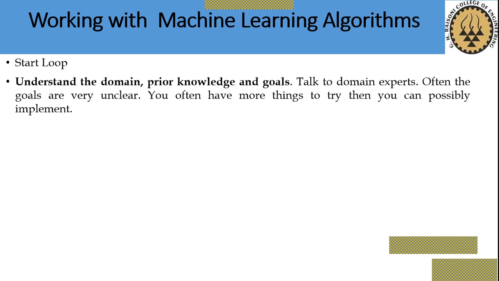Let us consider a problem from the stock market where they want some prediction. You must have some domain knowledge about the stock market, and then you can apply the machine learning algorithms on the data. Before implementing the algorithm, you must have the domain knowledge and the prior knowledge about that particular problem.